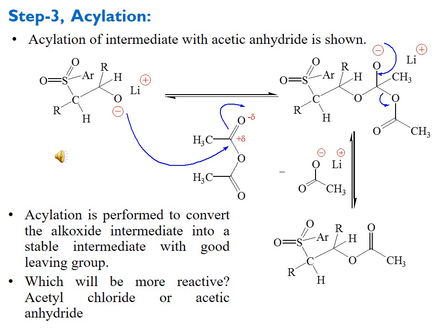Here you can see the negative charge of the alkoxide ion acting as a nucleophile attacks the carbonyl carbon of this anhydride, and the pi bond is broken, oxygen gets the negative charge, and in the next step, this negative charge moves towards the carbon making the double bond again, and the carbon oxygen sigma bond is broken and oxygen gets the negative charge, producing the acetate ion.